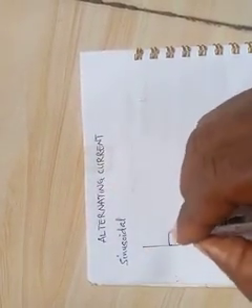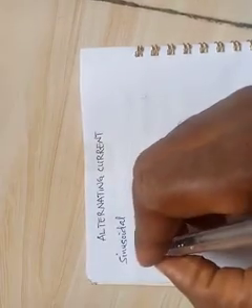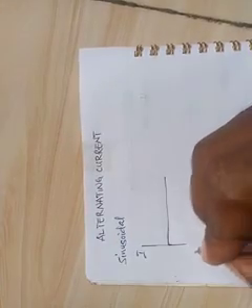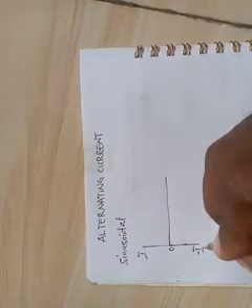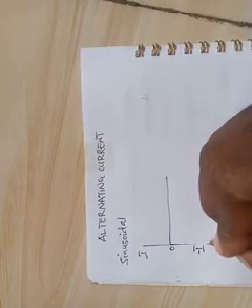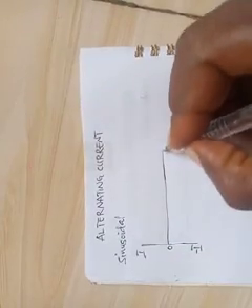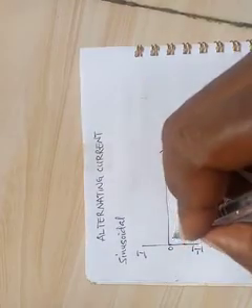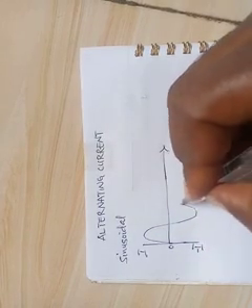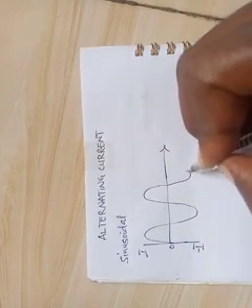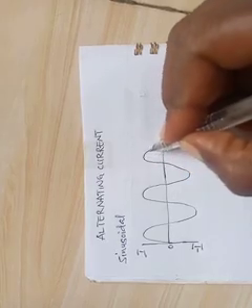For example, if I have a graph like this, and this is current I, here is 0, this place is negative current, here is positive current, here is negative current, and it is moving in this direction. We will have something that will go like this, and so on.